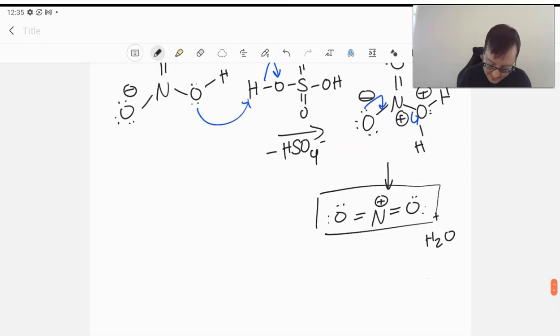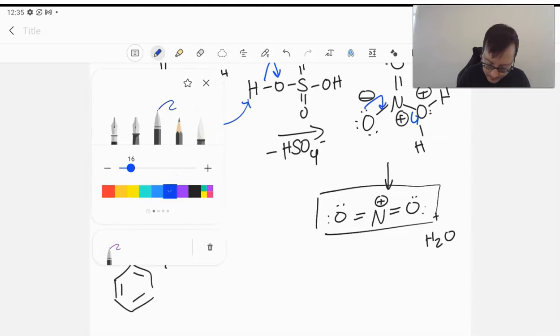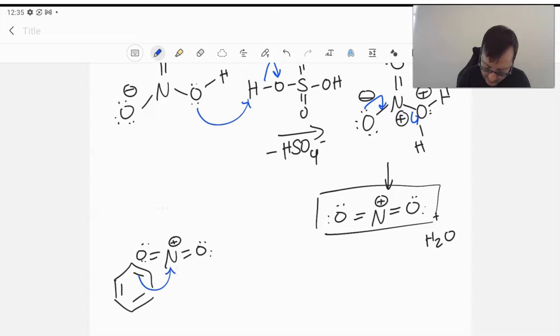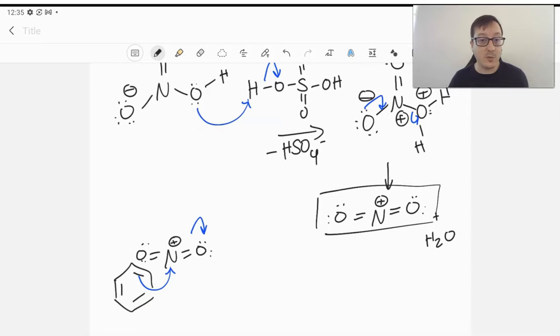So as benzene finds this nitronium ion, here we go. It's going to go ahead and attack. One of those two double bonds will pop open. Doesn't matter which one, because as we know, the nitro group has one double bond, one single bond, two oxygens.